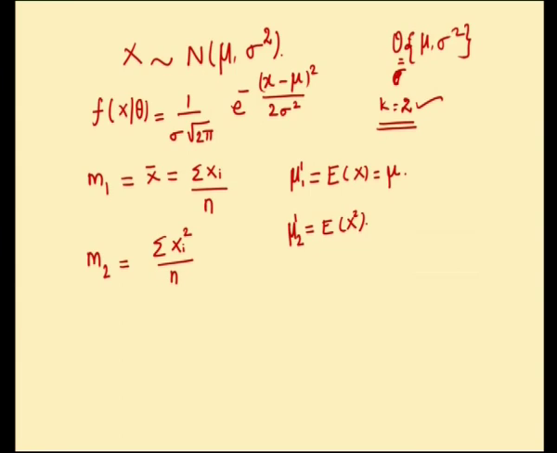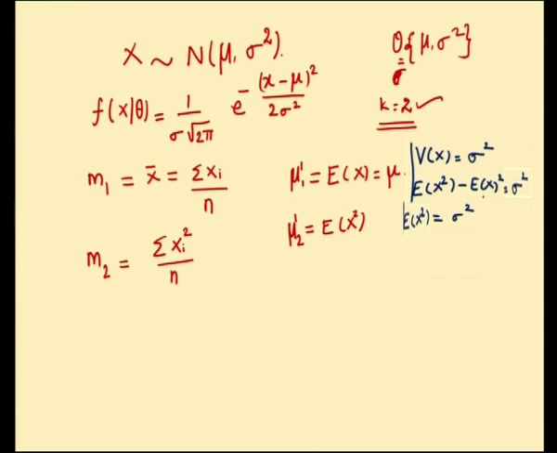So, I am not going to calculate here. Once again, I will be using the results which we know already. For normal distribution, the variance of x is sigma square. By the formula, variance of x is e of x square minus e of x the whole square, equal to sigma square. So, from this I need e of x square.